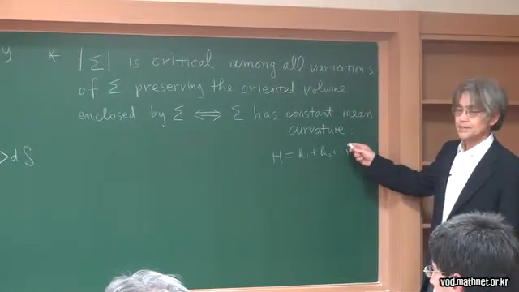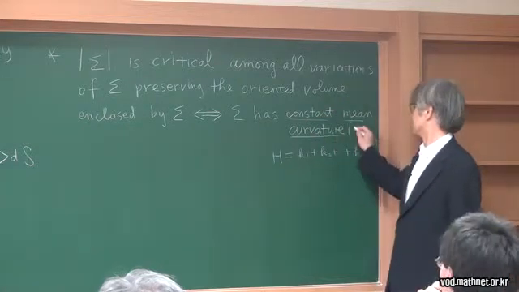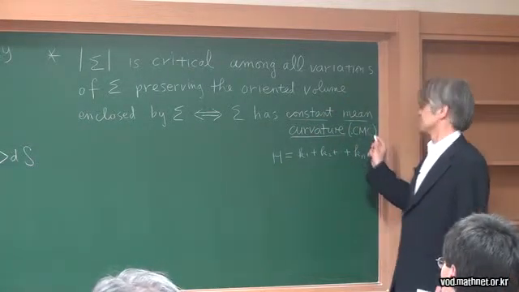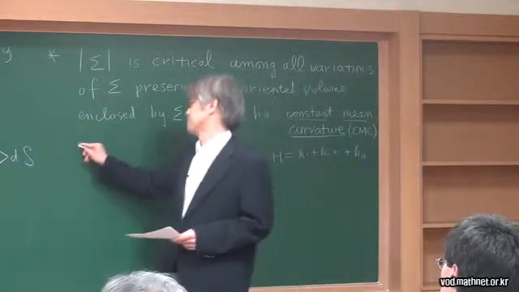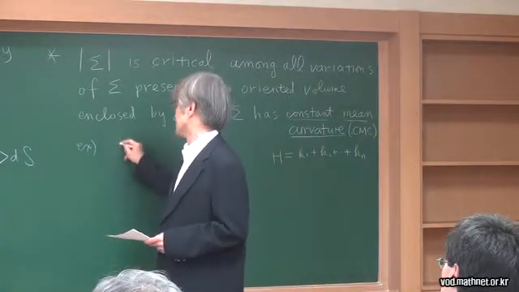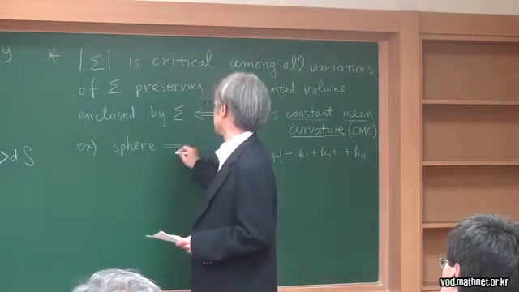I'll use the notation CMC to denote constant mean curvature. For example, the round sphere has constant mean curvature.